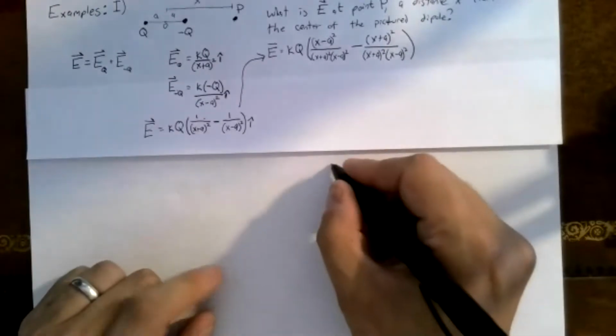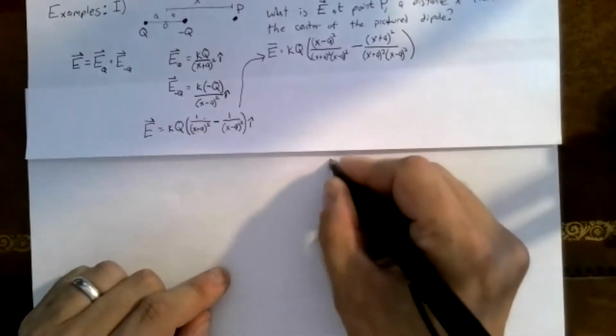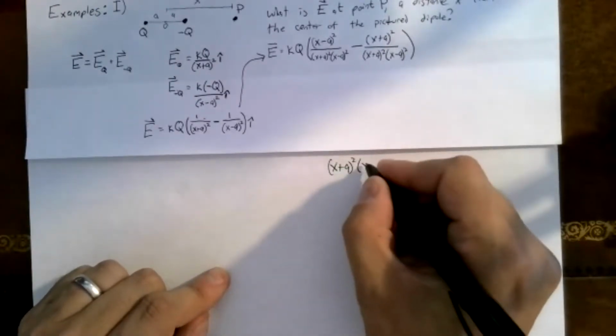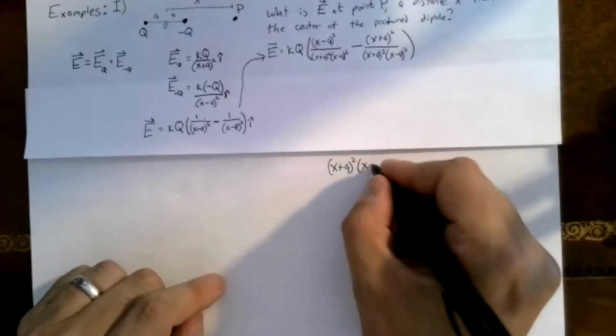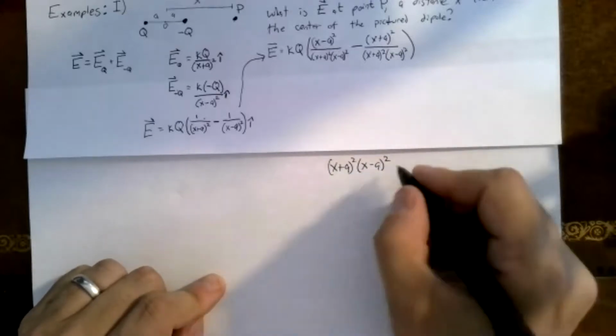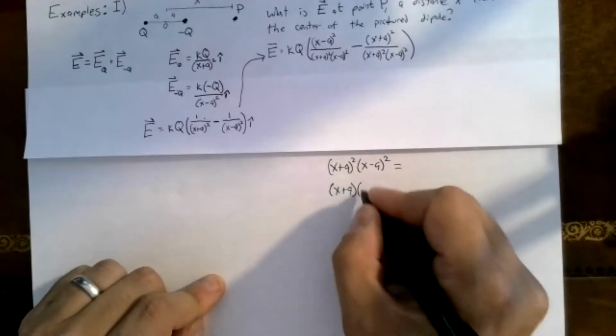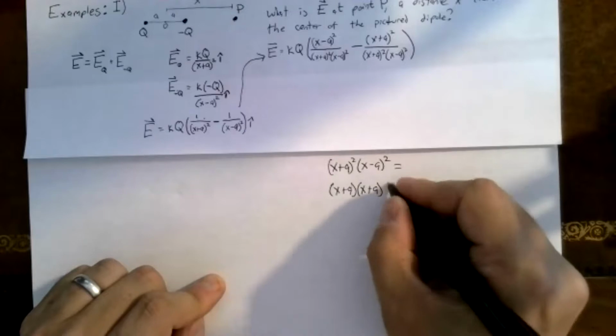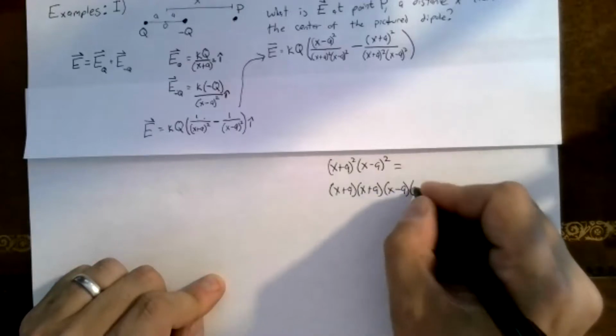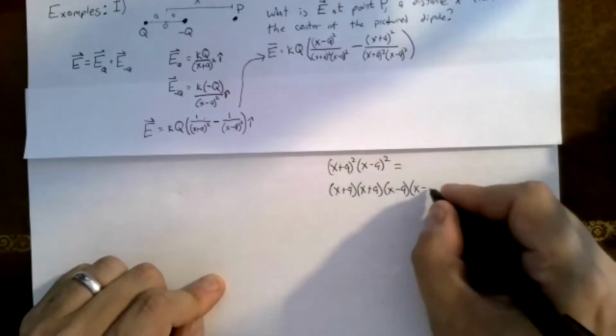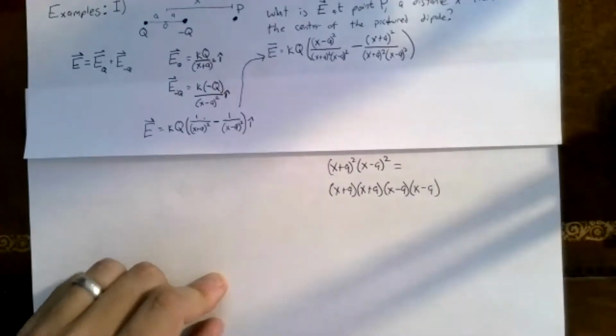If I want to know what (x + a)² times (x − a)² is, well, that's (x + a) times (x + a) times (x − a) times (x − a).